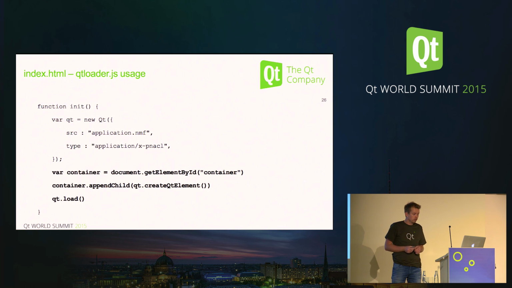And you then ask Qt to create an element for you, which you can append somewhere in your HTML structure. Finally, you call Qt load to start loading. And if you want to delay loading for some reason, you can call that at a later point in time.